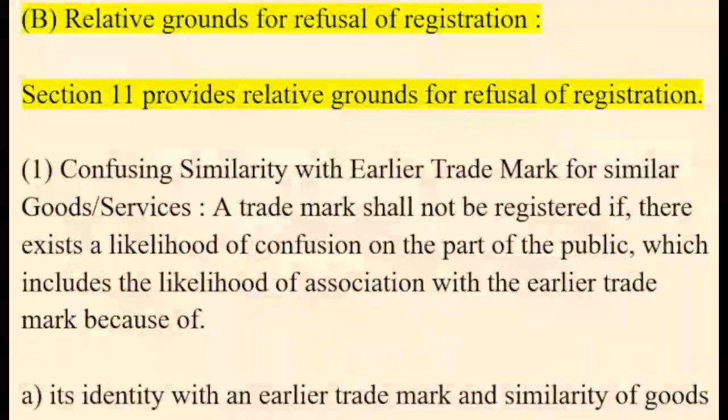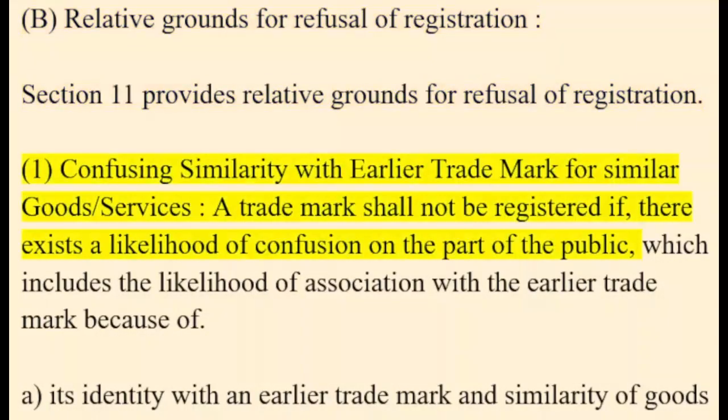B. Relative grounds for refusal of registration. Section 11 provides relative grounds for refusal of registration. 1. Confusing similarity with earlier trademark for similar goods or services.